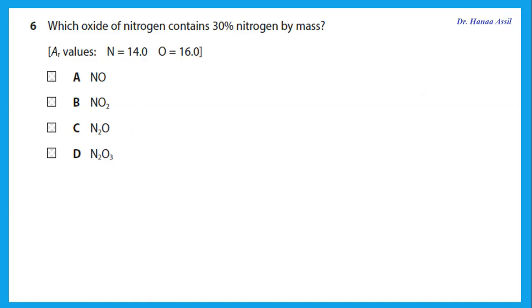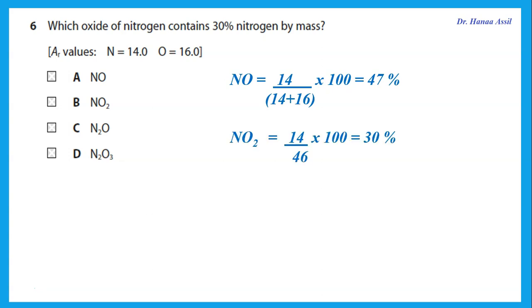Which oxide of nitrogen contains 30% nitrogen by mass? How do we calculate the percentage of nitrogen? Of course, the percentage of nitrogen would be the mass of the nitrogen in that molecule. Here I have only one of them, so 14, over the total MR times 100. So for that first choice, it is 47%.